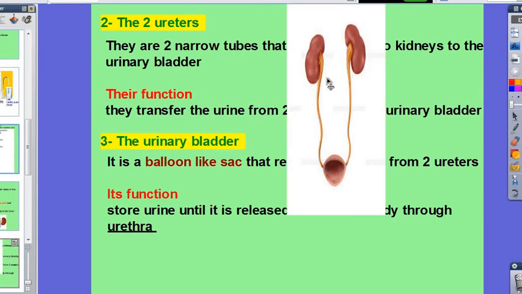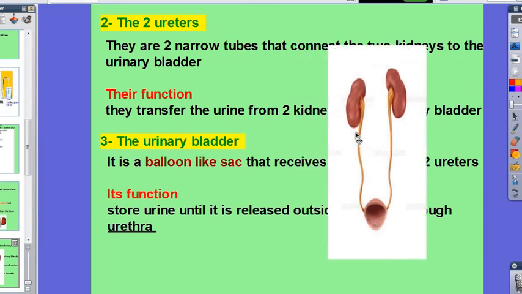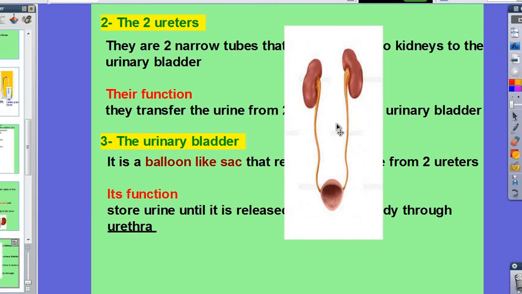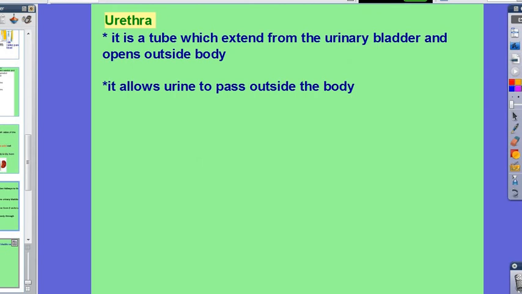We also have two narrow tubes which are connected to the two kidneys. They transfer the wastes, or the urine, from the two kidneys into the urinary bladder, which is a balloon-like sac, and it stores the urine for a while until we get rid of it.